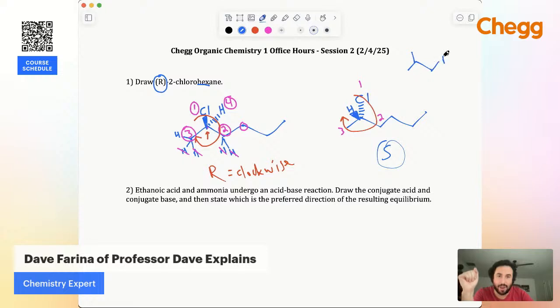But let's say on a secondary carbon, if this were to leave and you were left with a secondary carbocation, you would undergo carbocation rearrangement. You would get a hydride or a methanide shift, in this case, a hydride shift. That would shift over and rearrange to give the tertiary carbocation. So whatever the most favorable carbocation intermediate is that you can get, that will be the intermediate from which we proceed to the product.